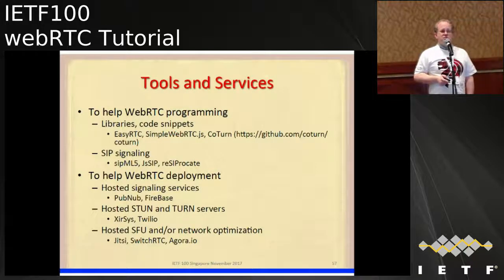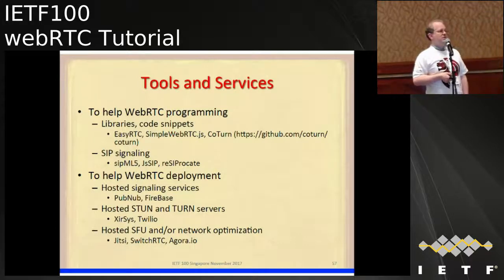Just briefly, there are tools that have popped up out in the world to help with WebRTC. There are a variety of libraries. I'm not going to list them here. I mentioned there are SIP signaling libraries. There are several of those. There are hosted signaling services. So if you don't want to write your own signaling, you can just use PubNub or Firebase or something else. Xirsys and Twilio provide hosted STUN and TURN services.